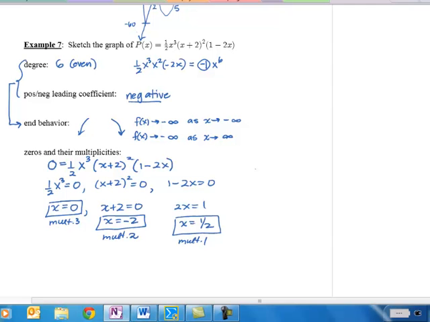So at the x-intercept 0, 0, the graph will cross the axis because that multiplicity is odd. And at the point negative 2, 0, because this is even multiplicity, the graph will turn around.